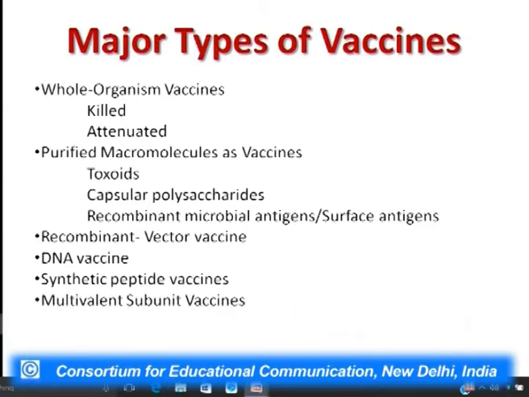This slide is what we started with in the last lecture as well: the major types of vaccines. We said that major types of vaccine include whole organism vaccines, where the entire organism is used as a vaccine. The entire pathogen may be attenuated, that means weakened due to treatment, or it is killed.